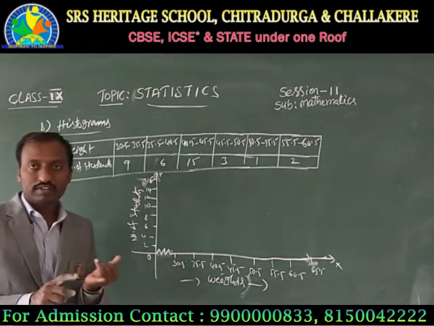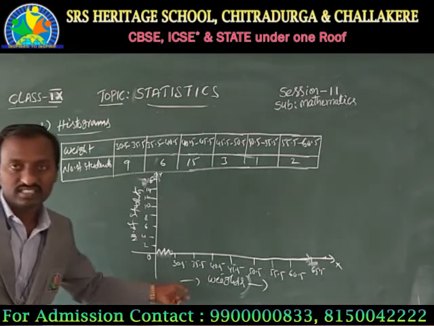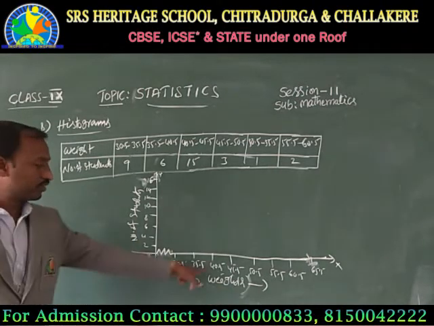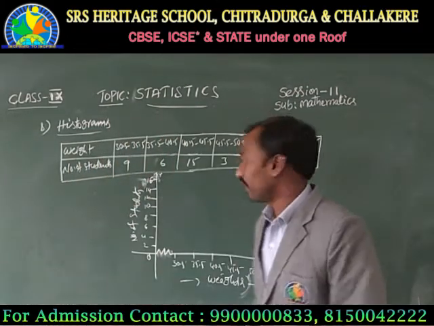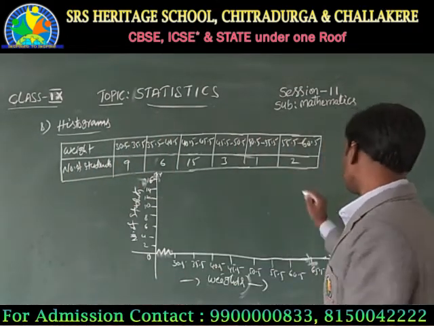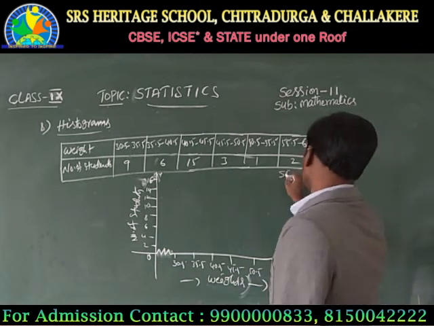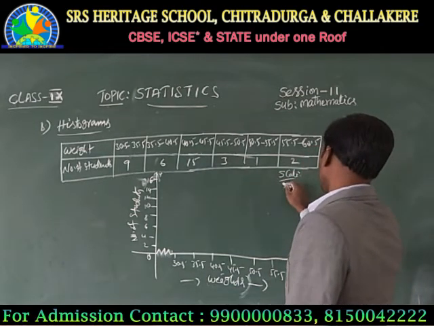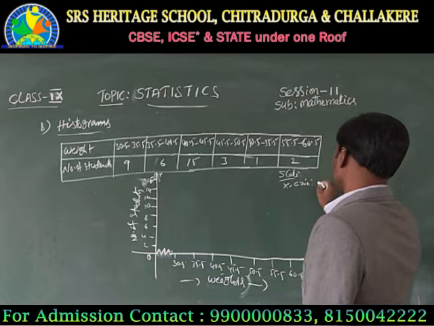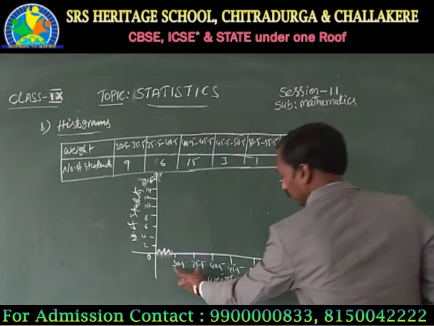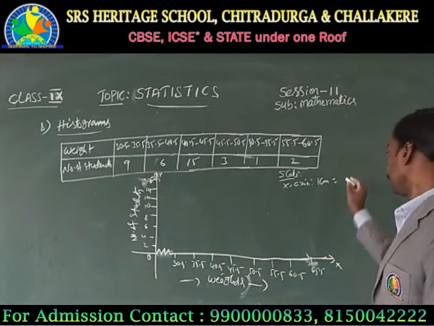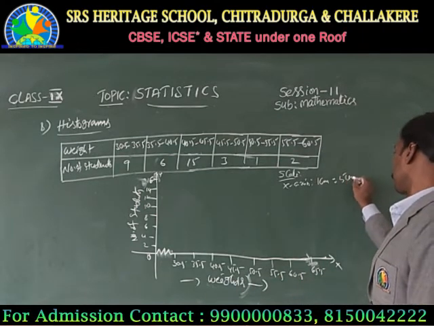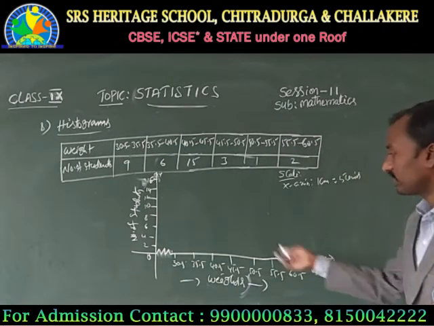Now, first we represent the weights on the x-axis on a suitable scale. I have given a suitable scale: 1 centimeter is 5 kg weight difference. So if I write the scale here: x-axis, 1 centimeter is 5 units, and 1 unit is 1 kg.